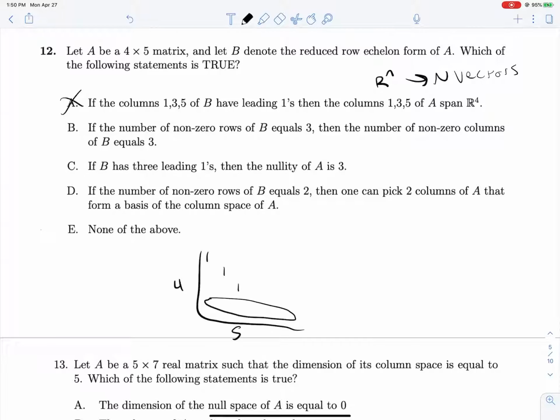Okay, so if we have a zero row, then the number of non-zero columns equals 3. Well, in this case, what I've drawn here, that would be untrue. We have 5 total columns. Yeah, that would be true here. Let's come back to that.